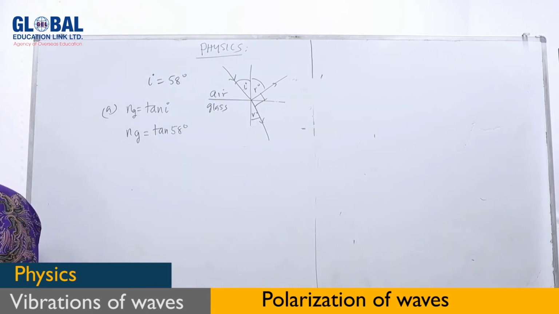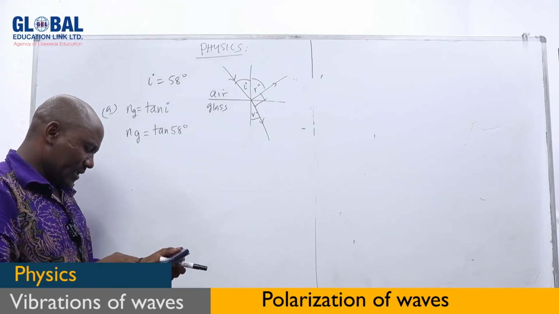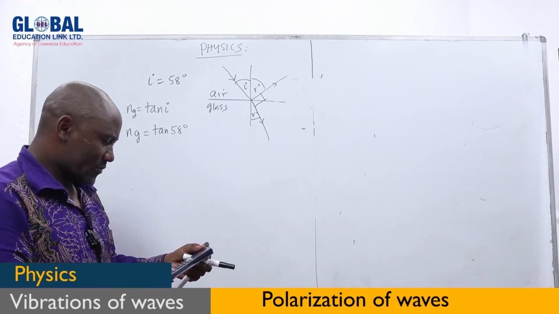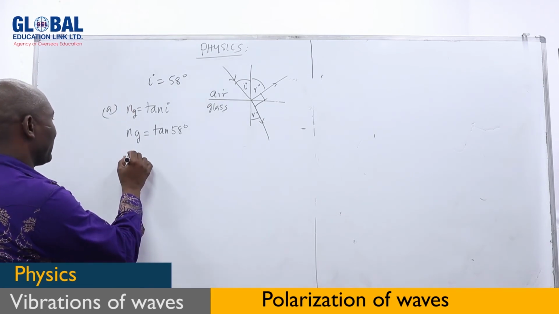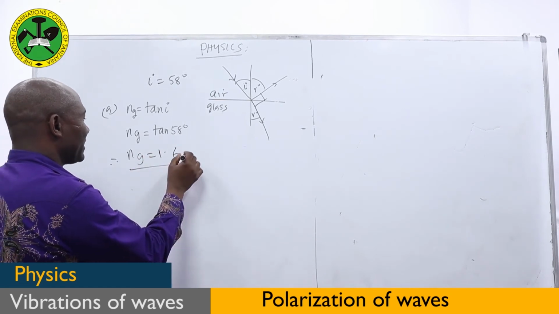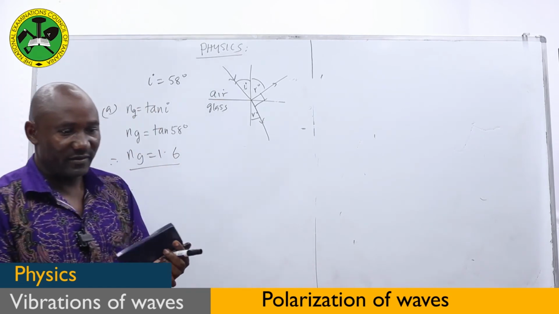So using your calculator, you can find that tan of 58 is 1.6 again. So that's how you can be given a question in a different way.